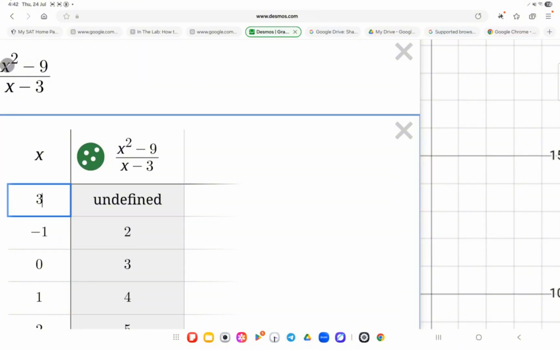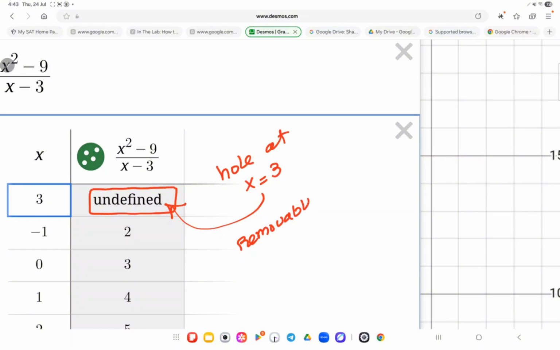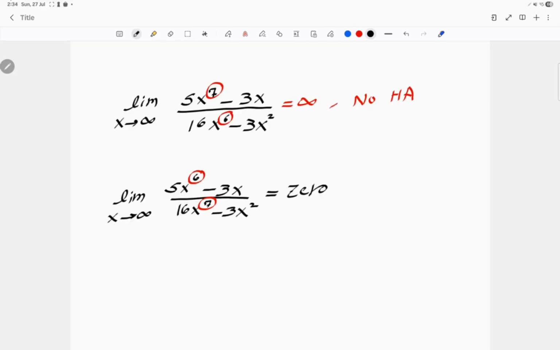It means it does not exist at 3. It means there's a hole at 3. So there's a hole at x equals 3, which is why now the graph will not show you the hole, but the table is going to tell you there's a hole by telling you it's undefined. Removable discontinuity. Okay.